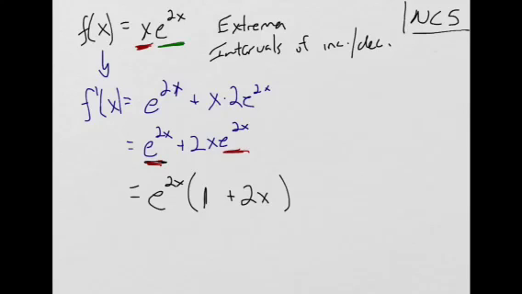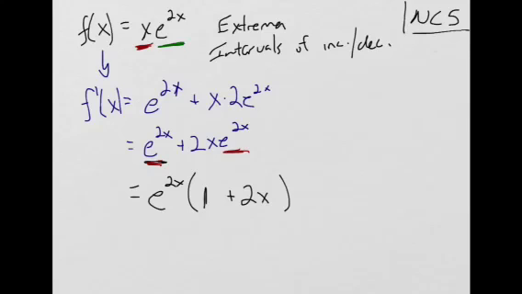Now I need to figure out what will make this derivative equal to 0. This term right here, no matter what I plug in for x, is never going to be 0. I could plug in 5, 20, a million, and I get a really big positive number. If I plug in a negative number, I just get 1 over e to something, which is really small, but not negative.